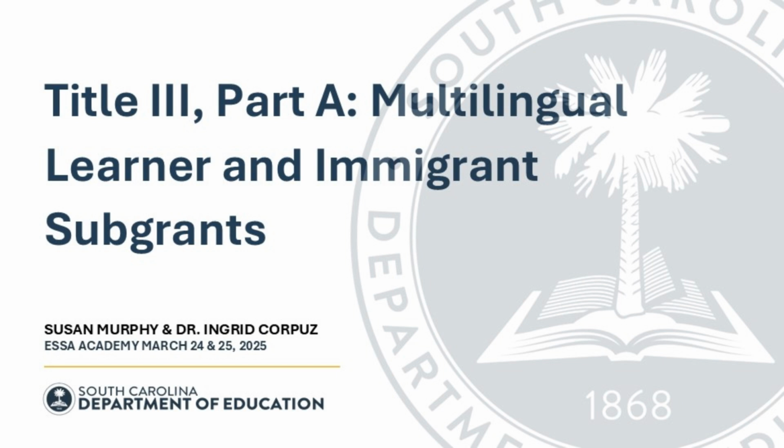Then the immigrant student definition is a little bit different. We are looking at students that are aged 3 to 21. They are not born in any state, United States, Puerto Rico, or District of Columbia. And they have not attended 1 or more schools in any of those states for more than 3 cumulative years.